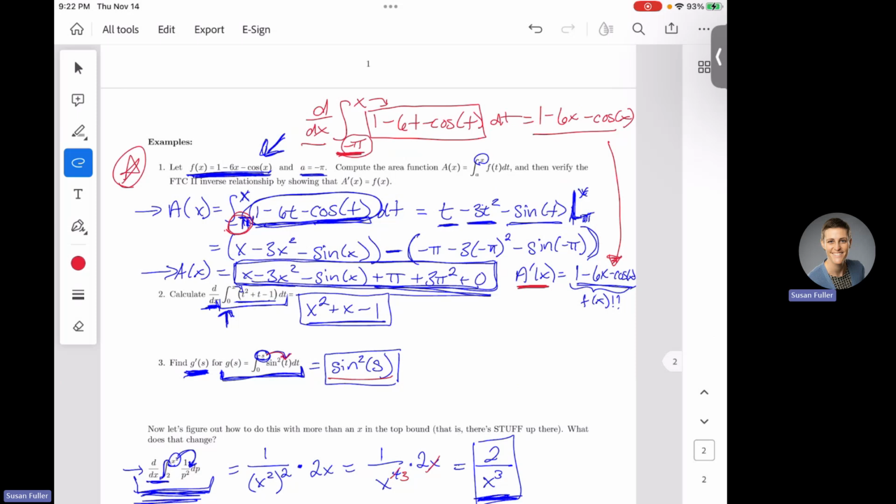Now, this negative pi, where was this in this whole long worked out process? Well, the negative pi was here, and we plugged that in, and it gave us this part of my area function. Notice the variable up here gives us the piece of the area function with the variable in it. This negative pi down here basically gives me the part of my area function that's just a number. It gives me our plus c part of our function.